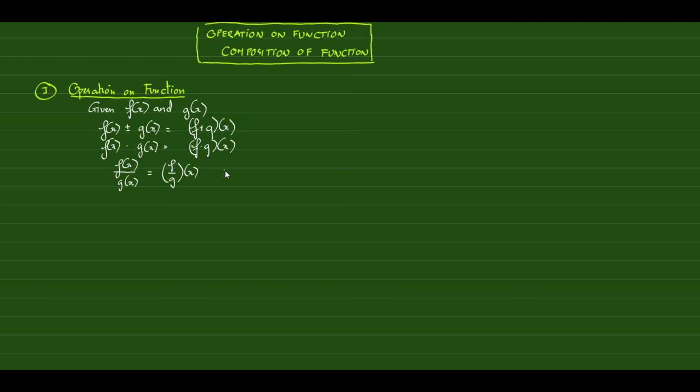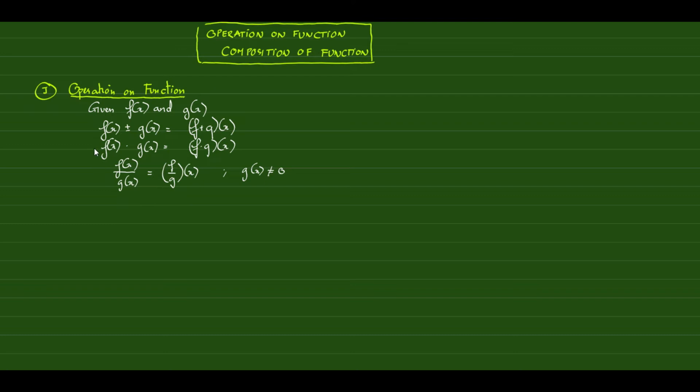Of course, in this case, because g of x is in the denominator, g of x must be different from 0. If you notice, this is nothing but college algebra. In the college algebra course, we already talked about this. But in this course, we do just a review. We will probably do more complicated examples.